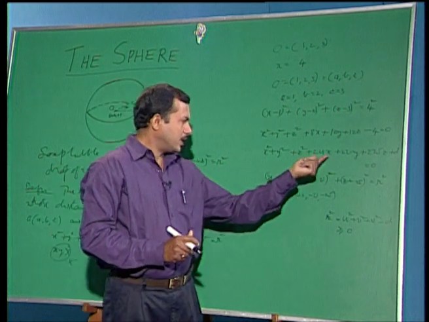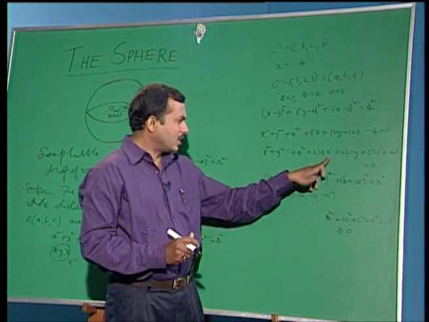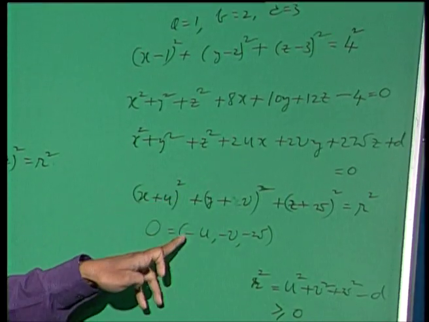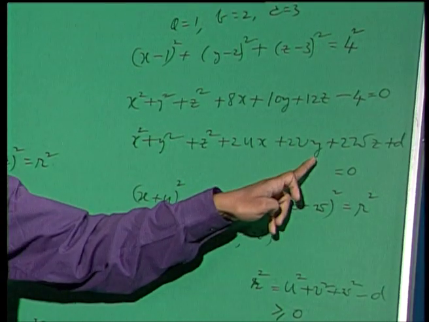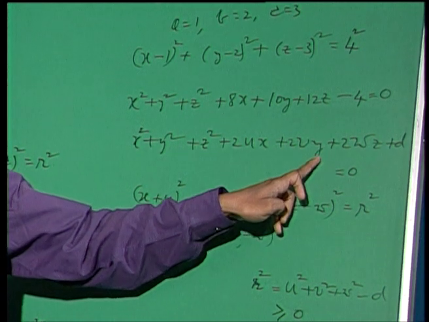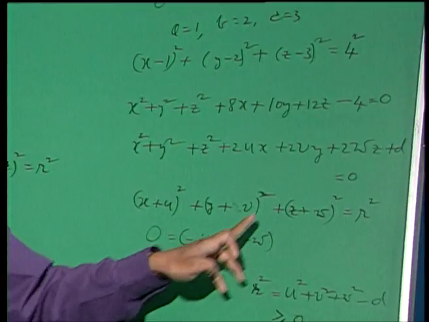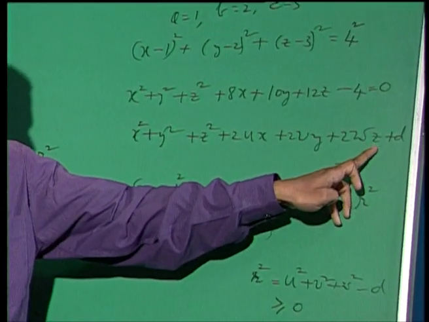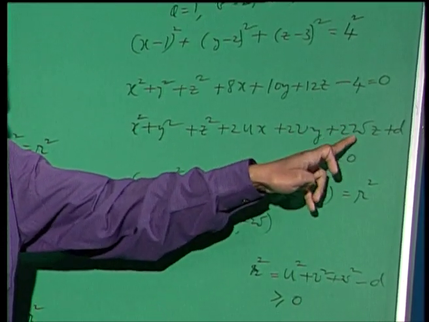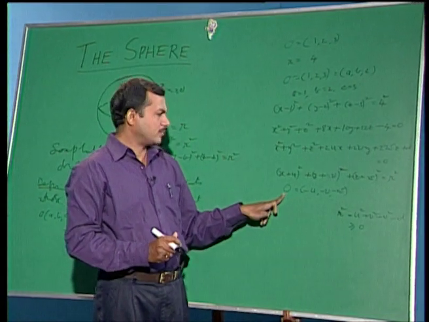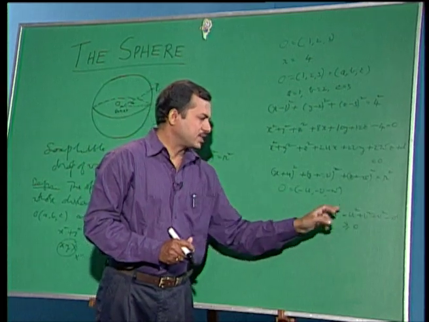The multiplier of x is 2u, take half of it, and for that you take minus. Similarly, the multiplier of y is 2v, take half of it, that is v, and take a negative sign for that, and the multiplier of z is 2w, half of it is w multiplied by minus. This contributes to the center of the sphere, and the radius can be calculated using this expression.